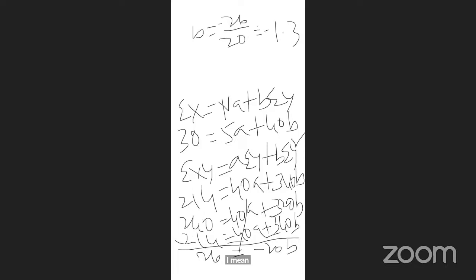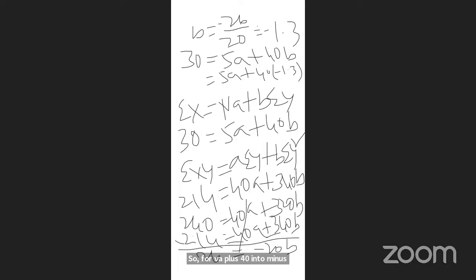Right. So now let us substitute in the first equation: 30 is equal to 5a plus 40b. So 5a plus 40 into minus 1.3.